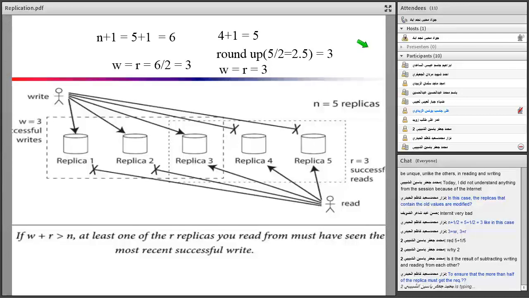Please read the question from Muhammad, and after that please talk about your question. His question, sorry.